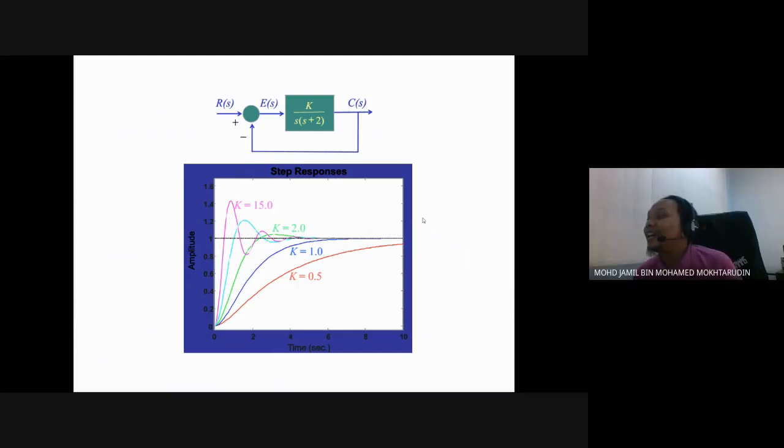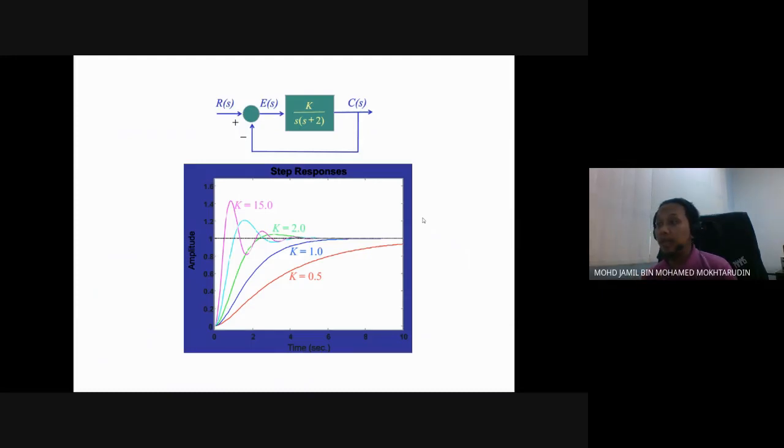Sorry, sir. Okay, so from here, your time response actually depends on the poles. We know that it depends on poles from the second order system lecture. And now we know that it also depends on the gain K. So when you vary the gain K, the system stability will change as well.